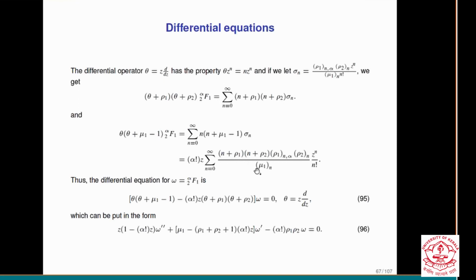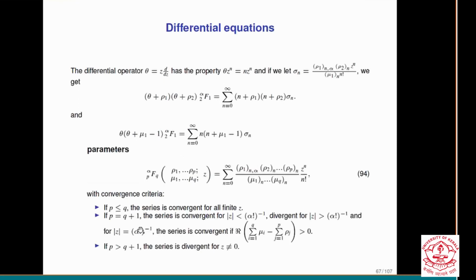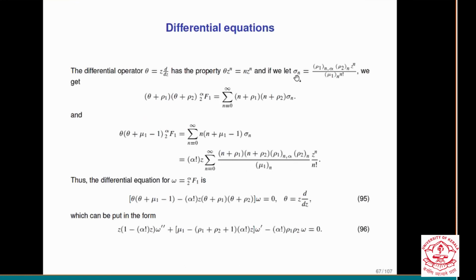So here we use this result. We obtain the differential equation by using the concept of the contiguous relation and this operator technique. If we assume theta is equal to z d/dz, we get this property. So here is your hypergeometric function.